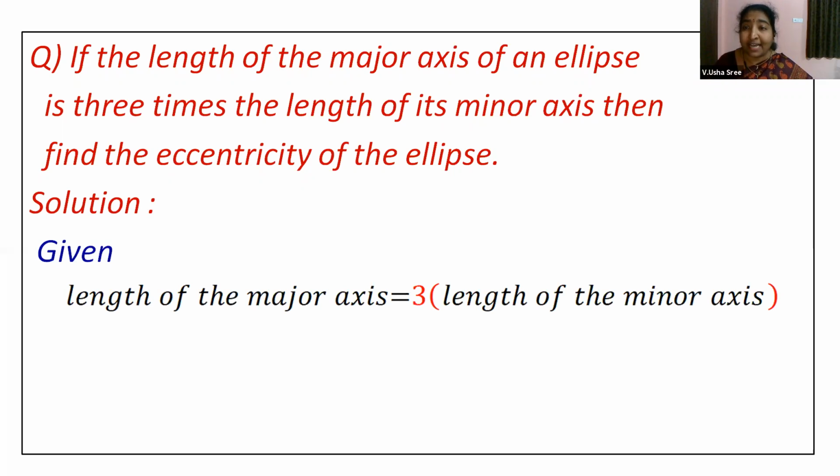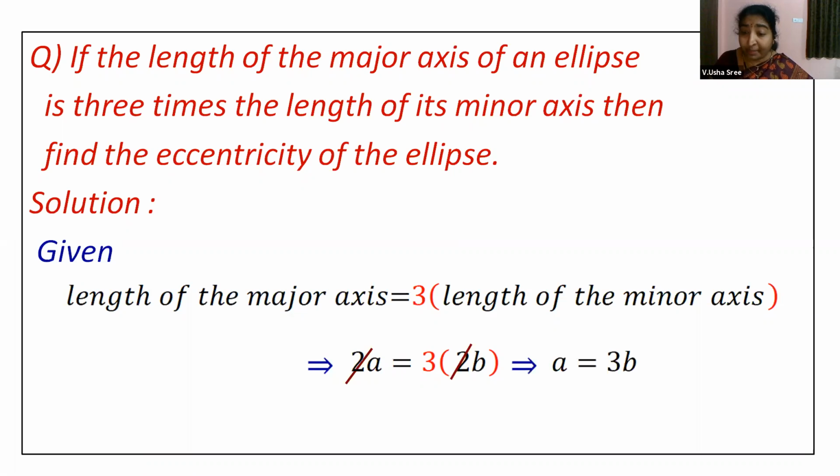Length of the major axis, we have seen it as 2A, and length of the minor axis is 2B. We will just substitute those two values, children. Then on either sides of the equality, we can cancel 2. Okay, then what is left? A is equal to 3B.